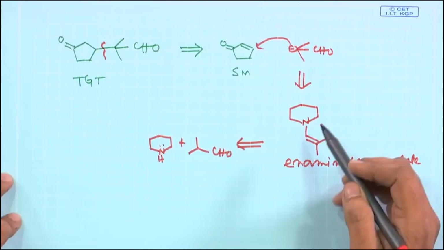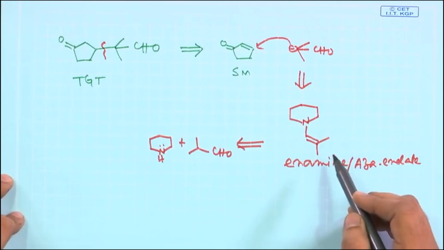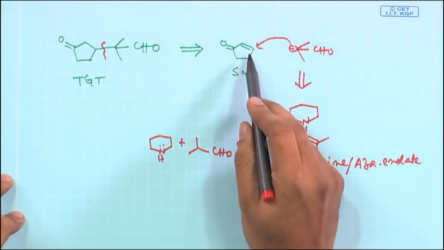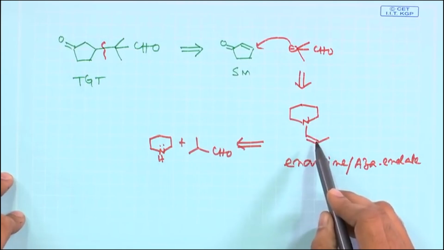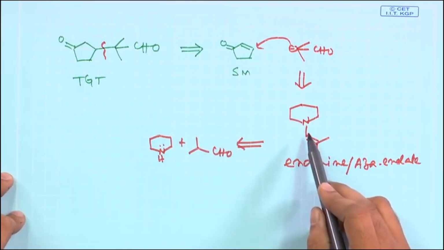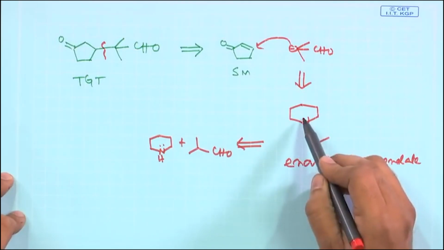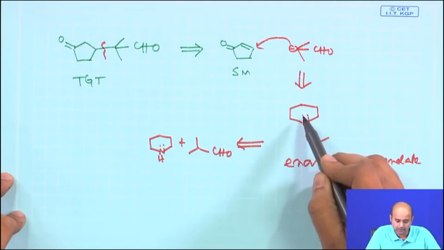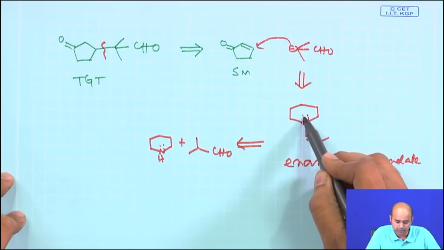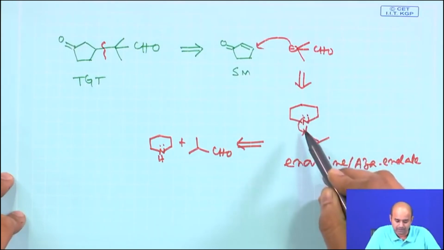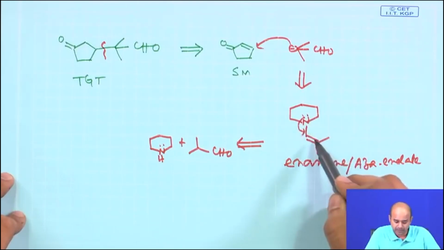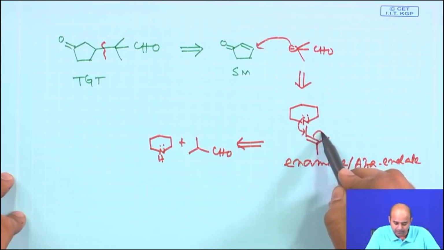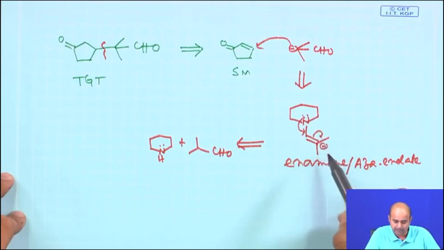Now, how will this enamine react with this electrophilic Michael acceptor? Somewhere you have to generate this enamine as a nucleophile. Now, this lone pair we have basically forgotten. This lone pair will try to do an electron relay and put this negative charge here.